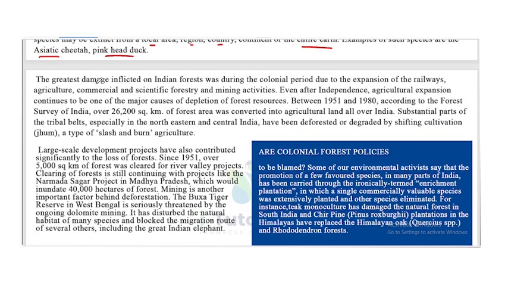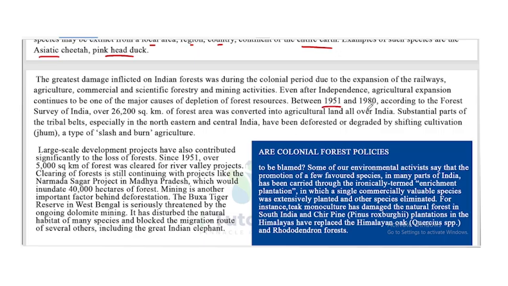The greatest damage inflicted on Indian forests was during the colonial period due to the expansion of the railways, agriculture, commercial and scientific forestry and mining activities. Even after independence, agriculture expansion continues to be one of the major causes of depletion of forest resources.